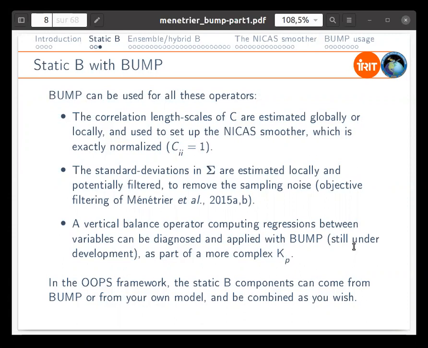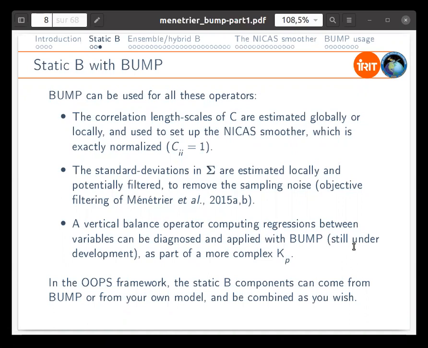KP can be quite complex and quite model dependent. So what's in BUMP is just what could be generalized for all models, but I think for most applications we will need a generic part that is in BUMP and a more model-specific part depending on the variables that are used by the model.